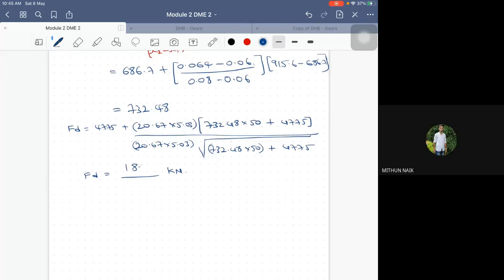Formula missing. Sir, before the square root you should put plus. Yes, it's my mistake. Okay, fine.